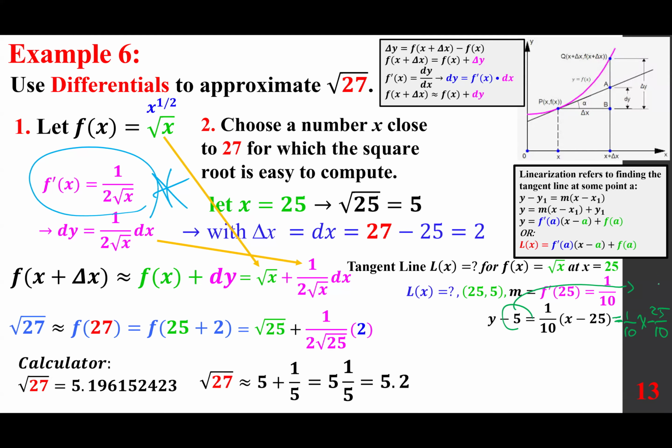This goes to the other side, becomes plus 5 or 50 over 10. 50 over 10 and negative 25 over 10 is positive 25 over 10 or 5 halves. So y or L of x is 1/10 of an x plus 5 halves.